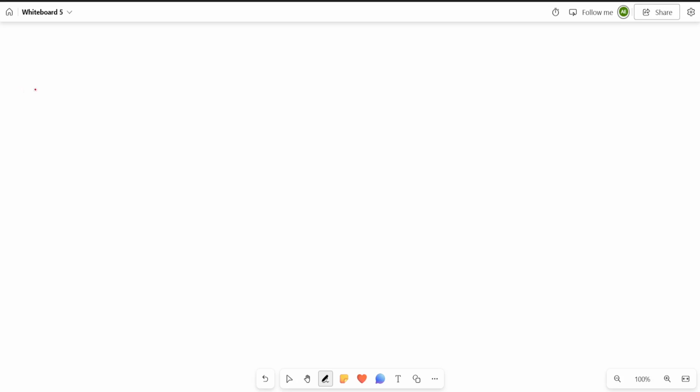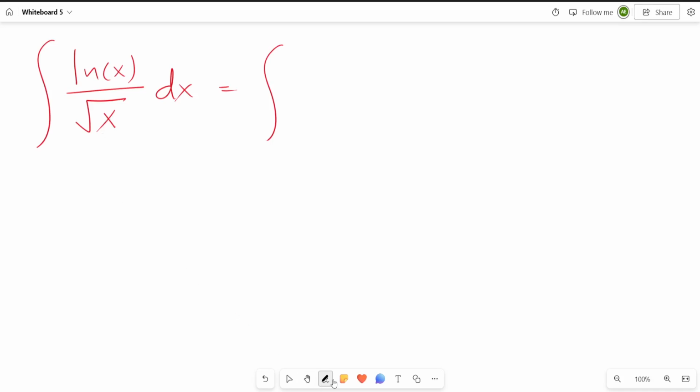Let's take another example. Let's say we have the integration of ln of x over square root of x dx. So I can rewrite this as integration of square root of x. I can rewrite it as x power half over here.